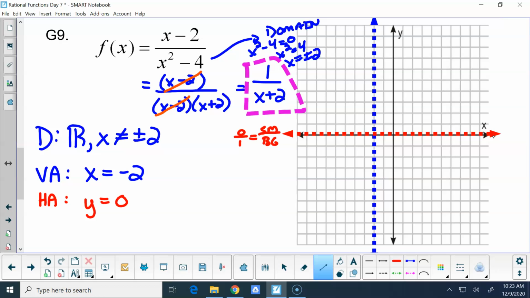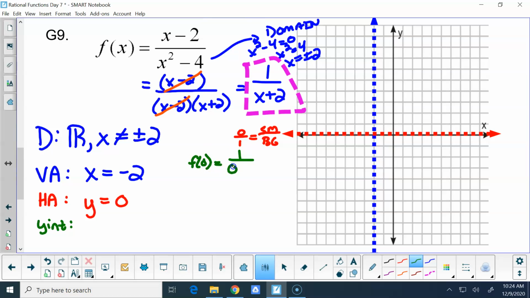My y-intercept: I'm going to find f of 0. So that's going to be 1 over 0 plus 2, which is 1/2. So my y-intercept is at 0, 1/2.